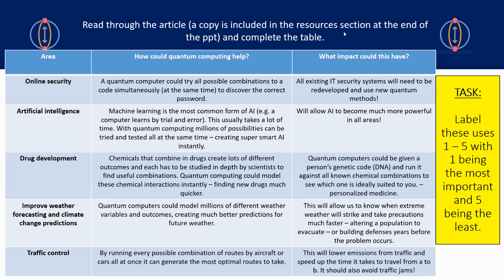Now, Go is like a Chinese version of chess, if you want. It's more complicated than chess, by some margin, much more complicated than chess. And lots of people said that they couldn't create a computer that could beat the world Go champion. And they did. And they did it very, very quickly.